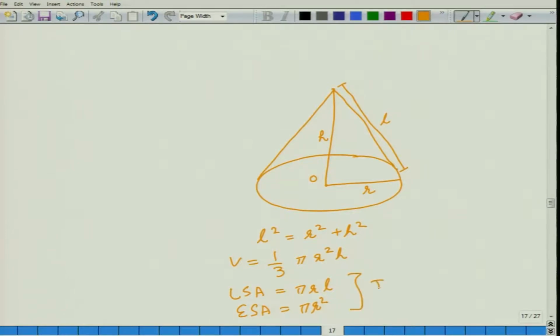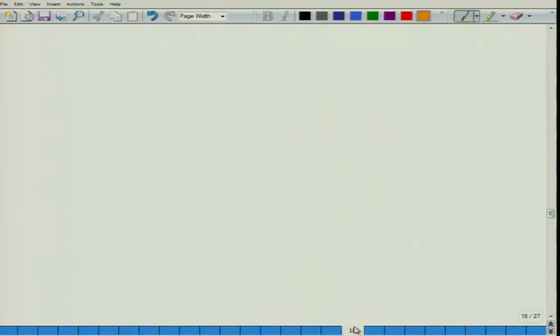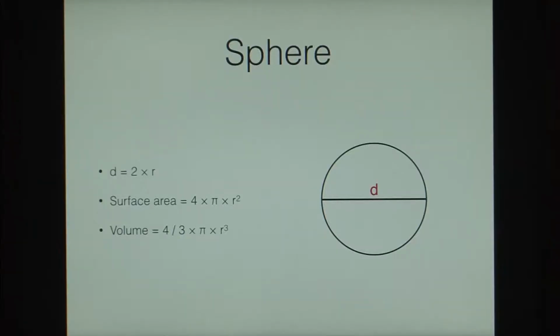The total surface area then is given by pi r square plus pi r l, equals pi r (l plus r).